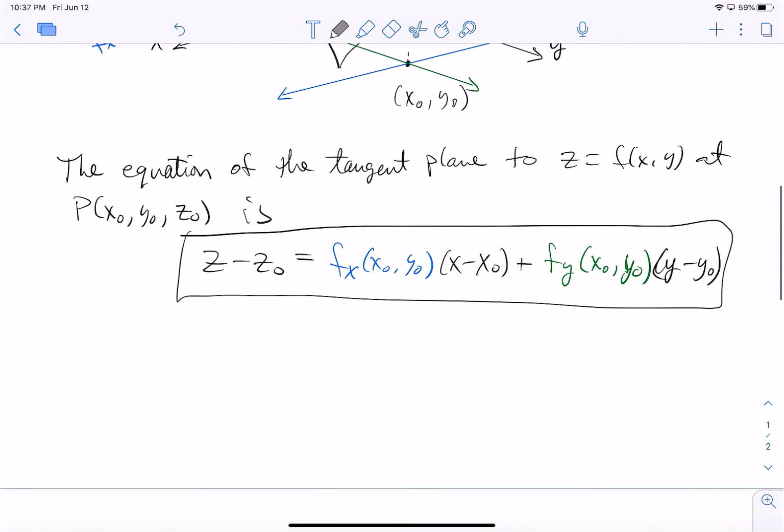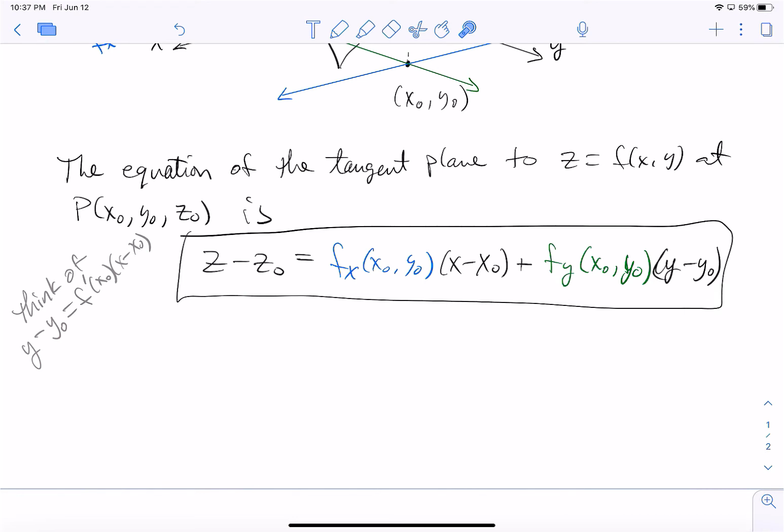We can connect this to something we've seen before. We can think of the fact that y minus y0 is equal to f prime of x0 times x minus x0 is the equation of a tangent line to f through x0, y0.